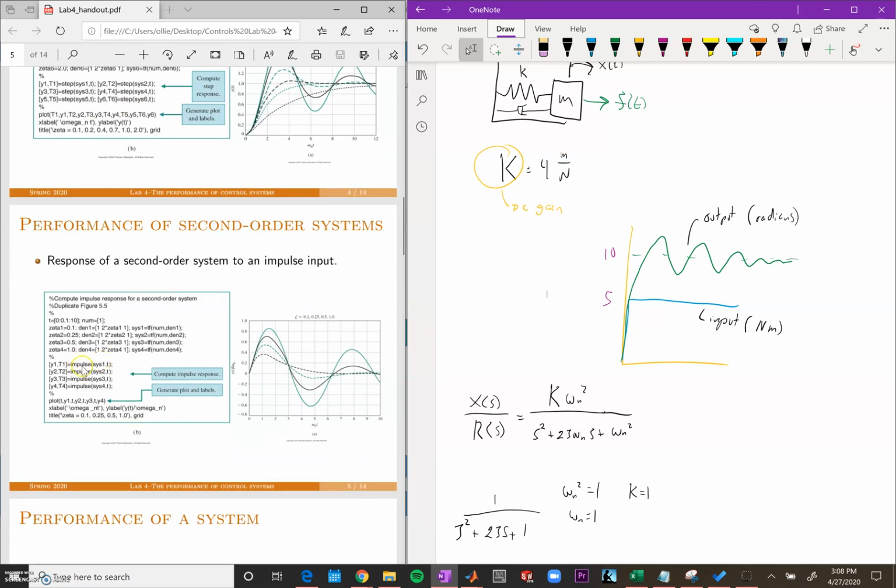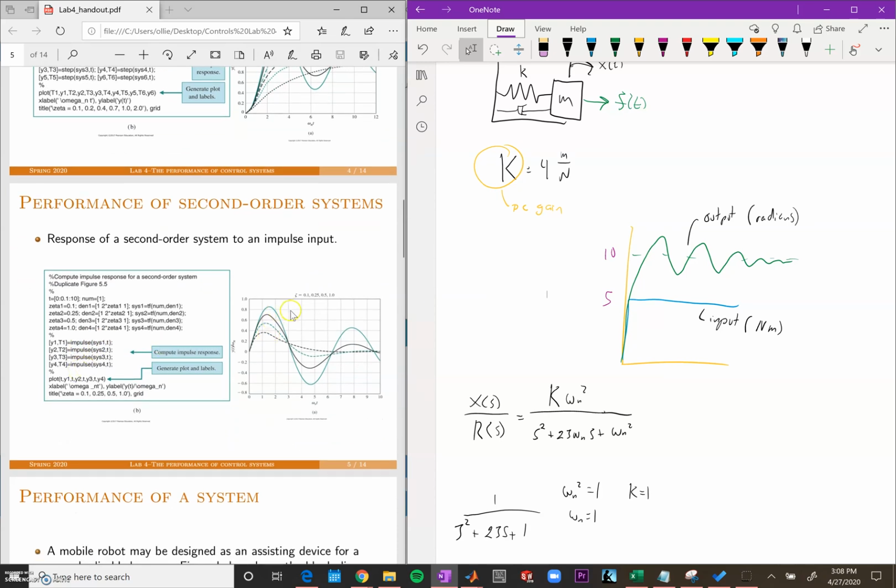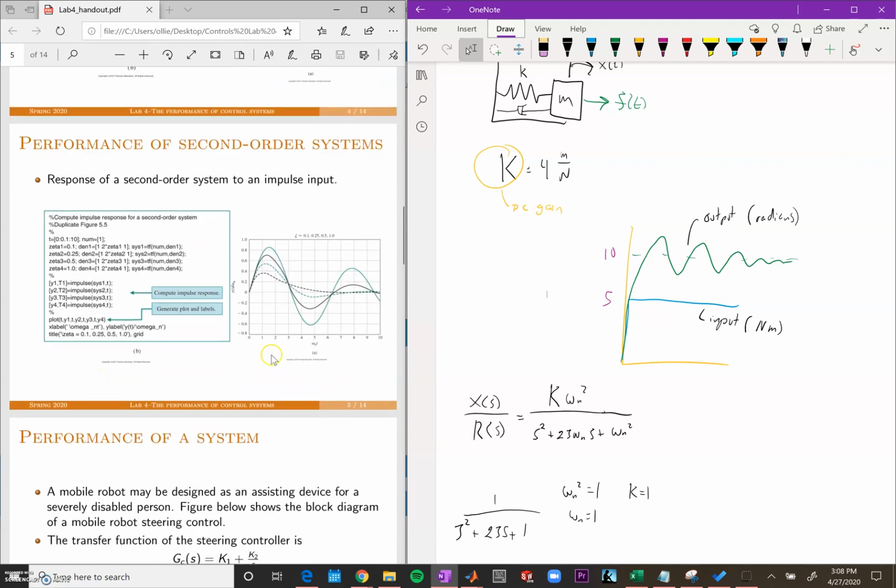We use the impulse function here with our system and our time, and then we get these responses. So as we expect, the underdamped systems oscillate more. The overdamped systems don't really oscillate at all. They go up because of the initial impulse, and they settle back down to 0 without oscillating again.